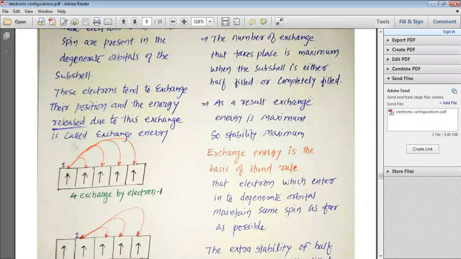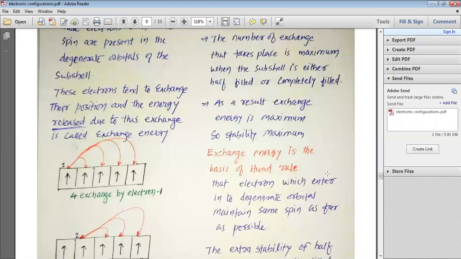Exchange energy is the basis for Hund's rule. Please remember, my dear students, that on the basis of exchange energy, Hund's rule has been formulated, which says that first all the electrons are filled with the same spin, all the degenerate orbitals are occupied singly, and then the pairing starts.